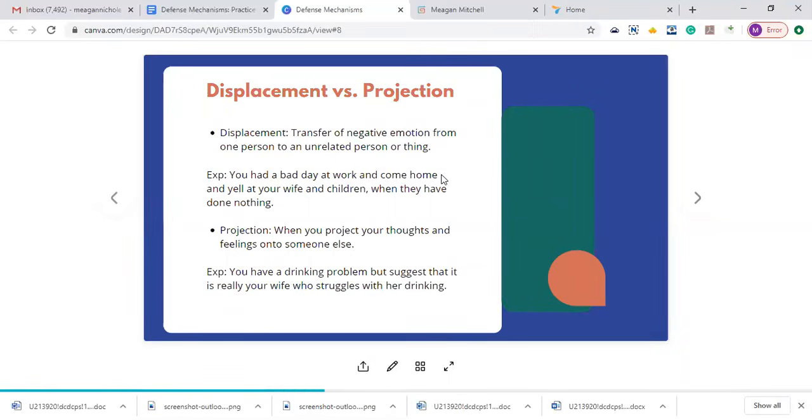So this is one I want to spend a little bit of time on. Displacement versus projection. I tutor many people taking this exam, and this seems to always be the hardest one to differentiate between. So displacement. This is when there's a transfer of negative or unwanted emotion from one person to an unrelated person or feeling.